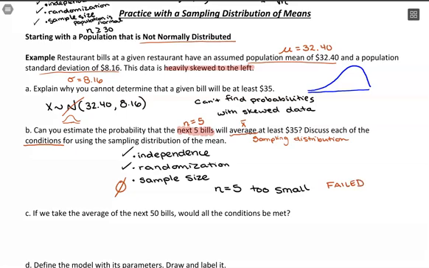So since we fail our central limit theorem, we cannot estimate that probability. No, we cannot. Because again, even if it's a sampling distribution of means, it would be skewed. So we would get stuck with a skewed distribution again.